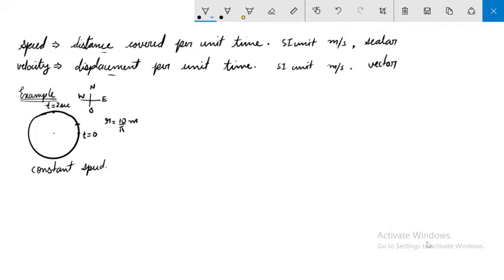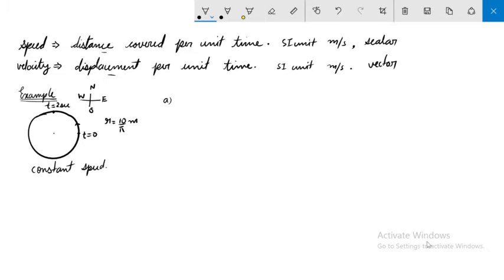Now it is also given that after 2 seconds it is at the top. After covering an angle of 90 degrees, 1/4 of a circle, the particle reaches the top in 2 seconds. Okay. Now the radius of the circle is also given. Now let us try to find out some things in this situation.